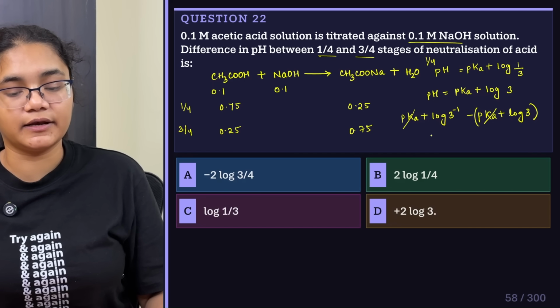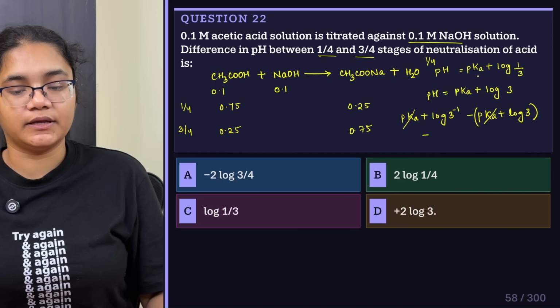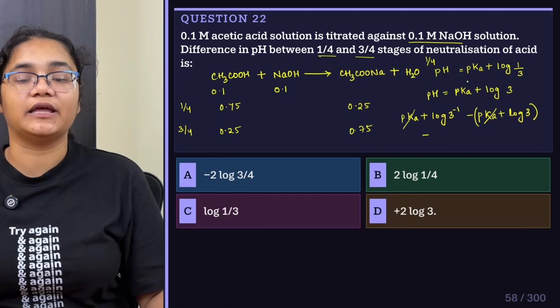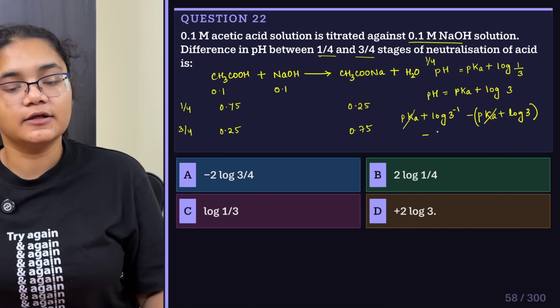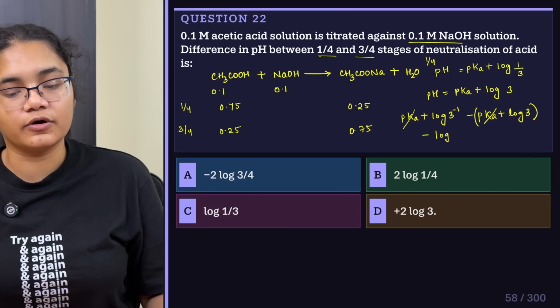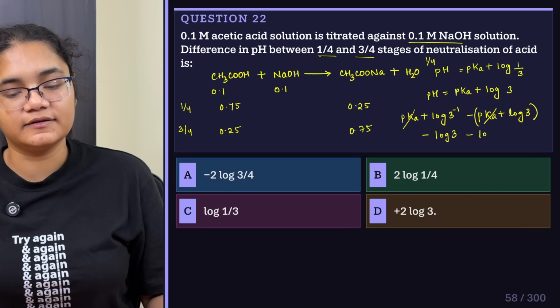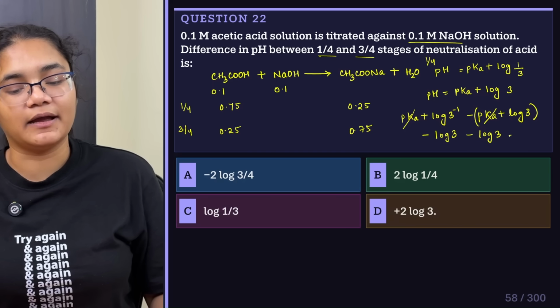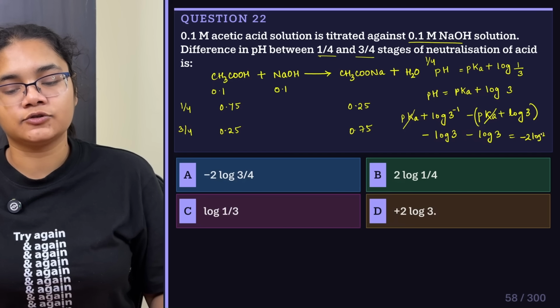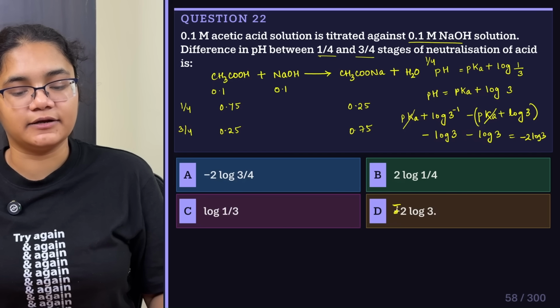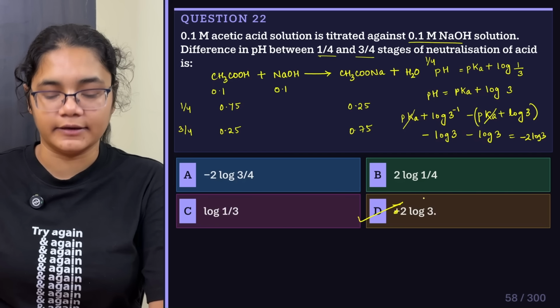Then I have minus 1 of log 3, and here also minus log 3, so that gives me minus 2 log 3. Here actually a small error was there, this is minus 2 log 3, so option number D.